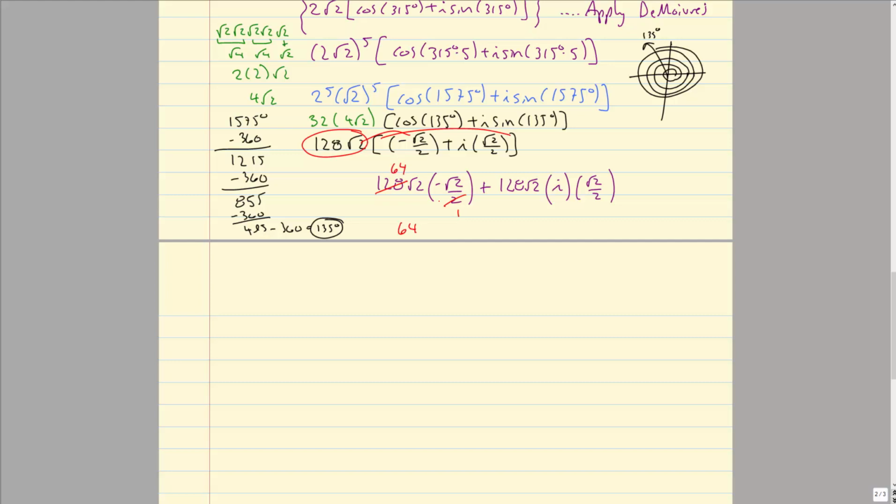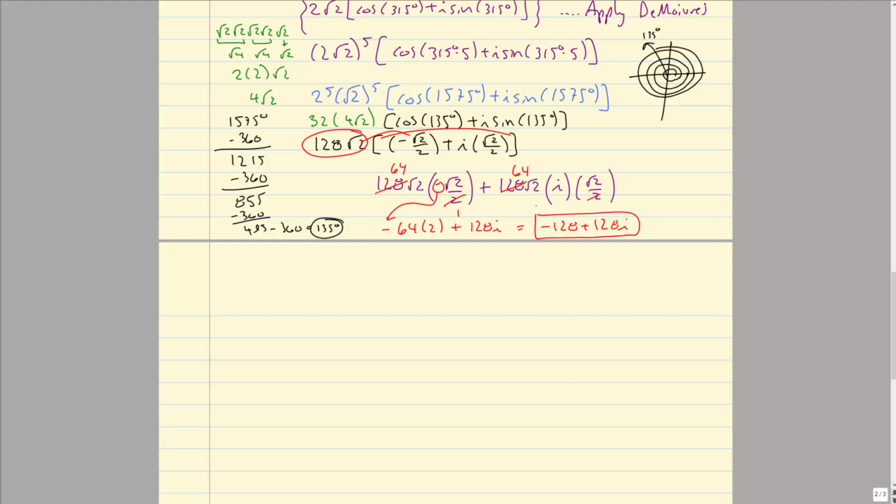So I'm left with 64. Root 2 times root 2 is 2. Negative i sign out front. 2 goes into 128 64 times. So this is root 2 times root 2 is root 4, which is 2. So 64 times 2 is back to 128i. So I ended up with negative 128 plus 128i is the expansion here.